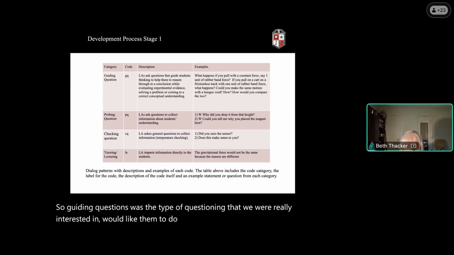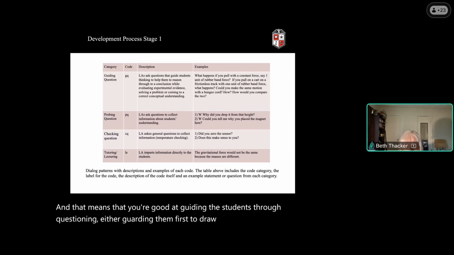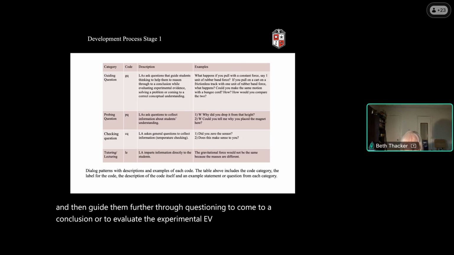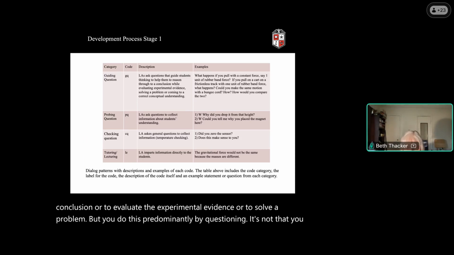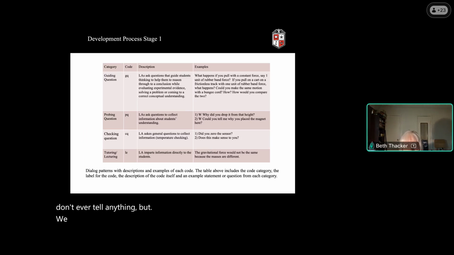And that means that you're good at guiding the students through questioning, either guiding them first to draw out their understanding and then guide them further through questioning to come to a conclusion, or to evaluate the experimental evidence, or to solve a problem. But you do this predominantly by questioning. It's not that you don't ever tell anything, but we focus on the ability to do this by questioning.